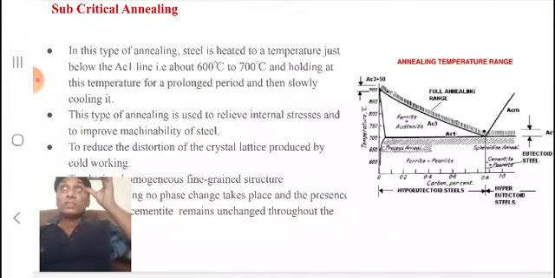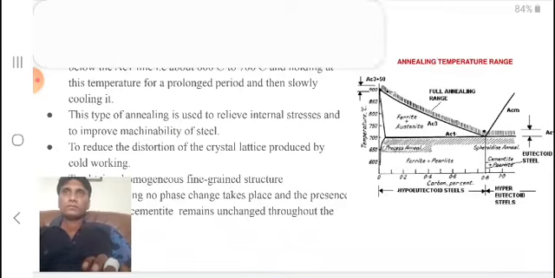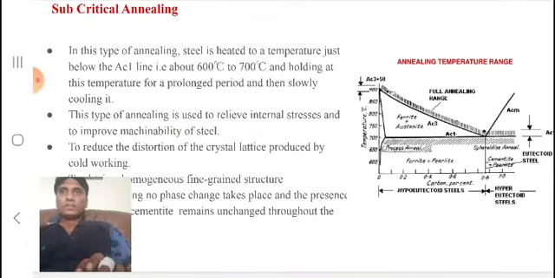In this type of annealing, steel is heated to a temperature just below the A1 line or approximately near the A1 line, and it is held at the temperature for a sufficiently prolonged period so that the steel attains uniform temperature throughout its section, and then finally it is cooled in the furnace itself.